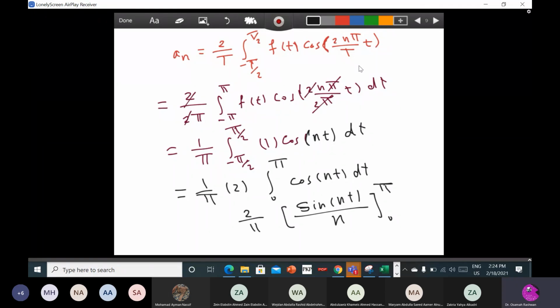Okay, so I still have 2 over 2 pi. Now you just substitute, so you have 2 over pi sine n, I replace t by pi over 2, over n. When you put 0, sine 0 is 0, right? So this is our An.